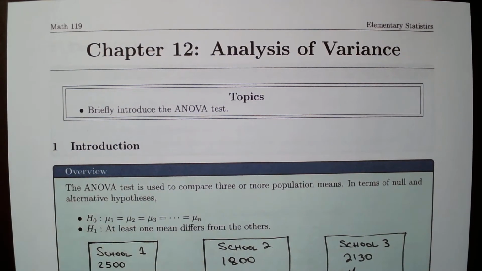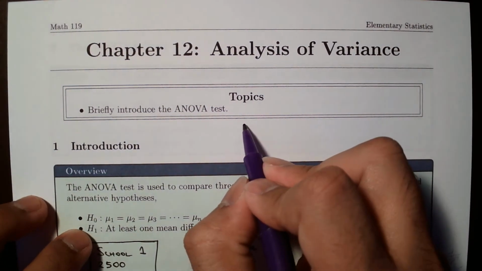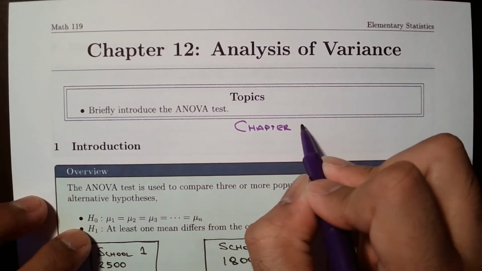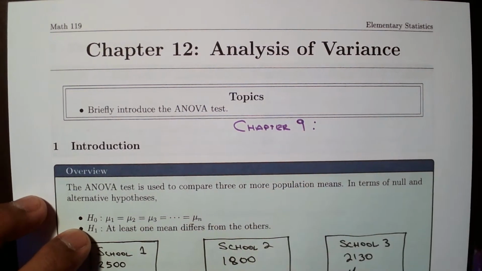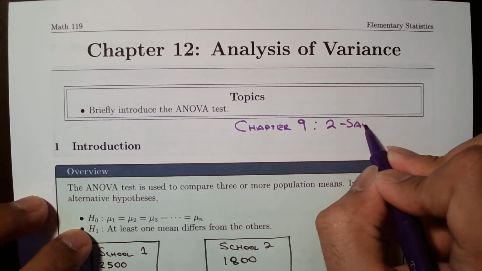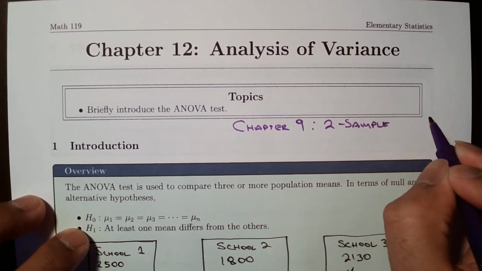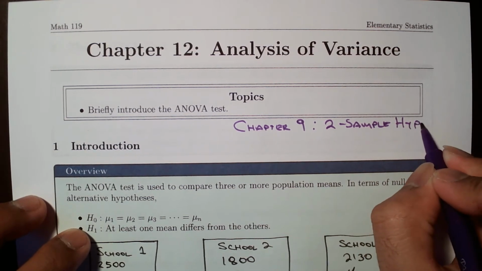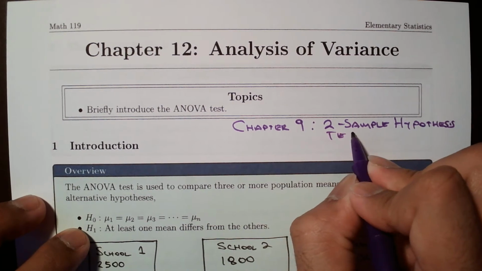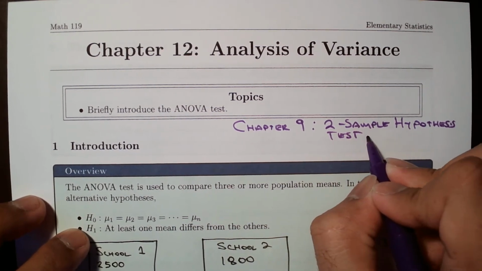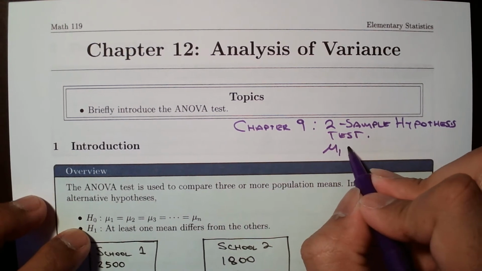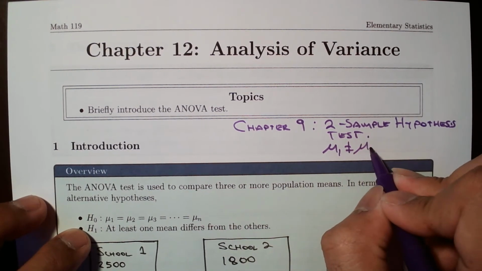Well, so far what have we done? For example, in chapter 9 we did comparison for two-sample hypothesis testing, in which we compare whether one mean was not equal to a second mean.